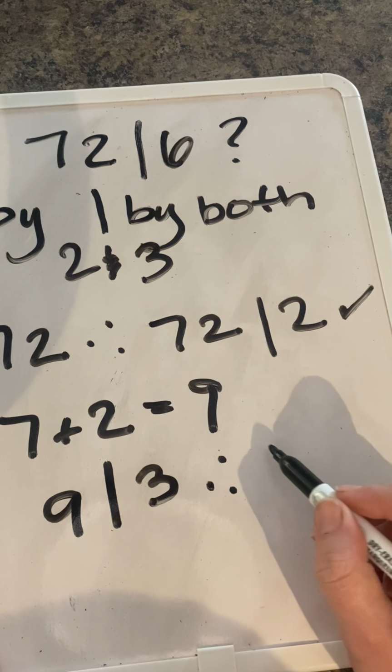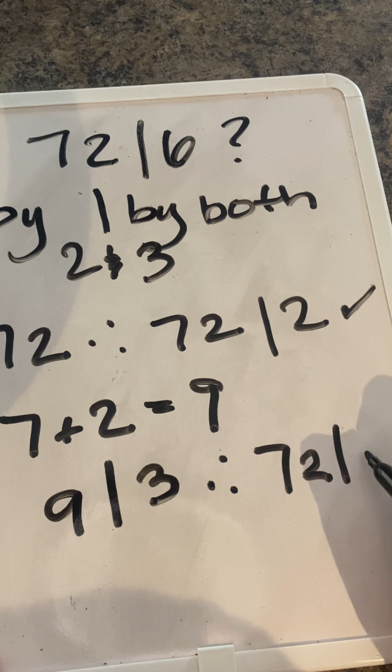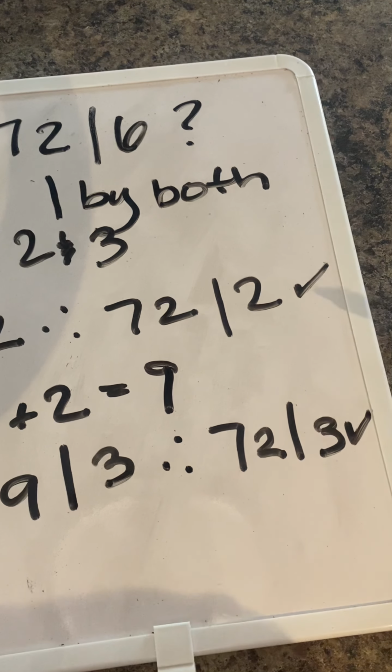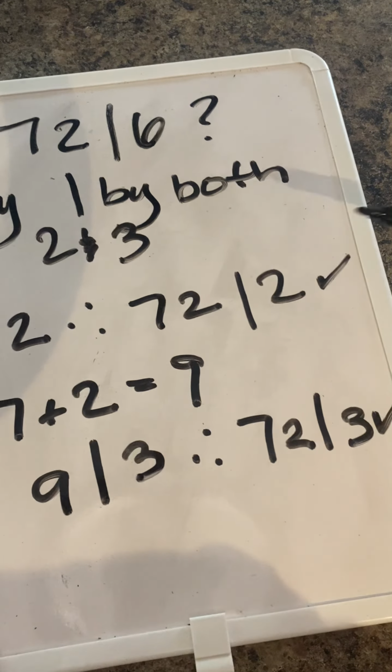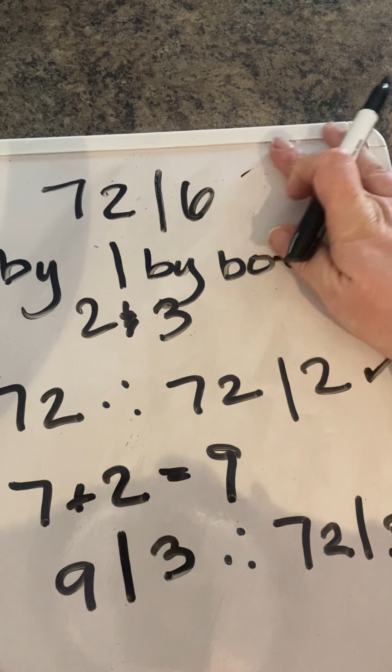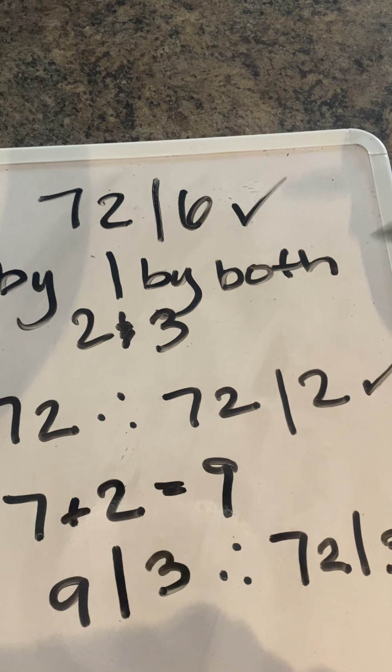Therefore, 72 is divisible by 3. So because it meets both conditions of being divisible by 2 and by 3, 72 is divisible by 6.